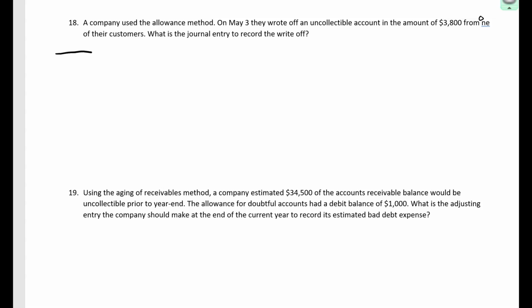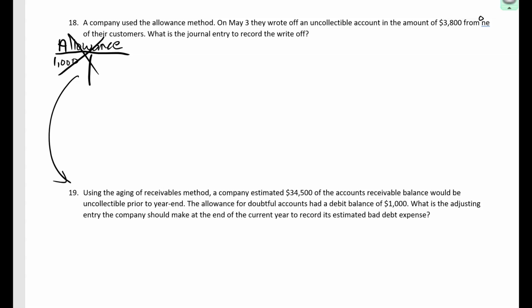Okay, let's look at their allowance account. Here's their allowance for doubtful accounts. It already has a balance of $1,000 in it. That part isn't written in the problem, but will be on the test, I promise. And we need to figure out what it should be. Oh, I'm sorry. I'm looking at the wrong account. Never mind. Okay, that goes to this one.